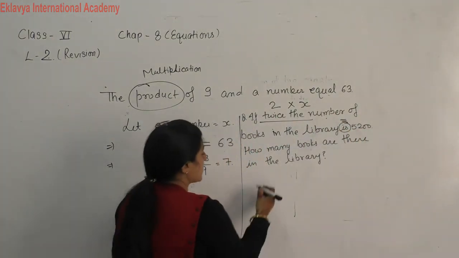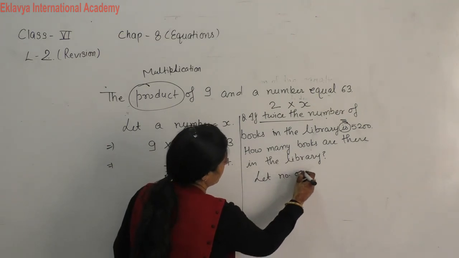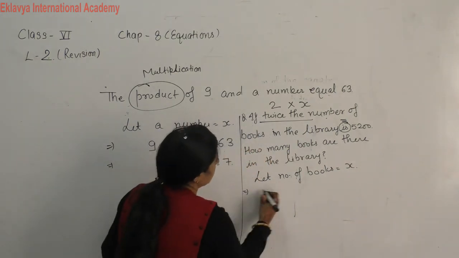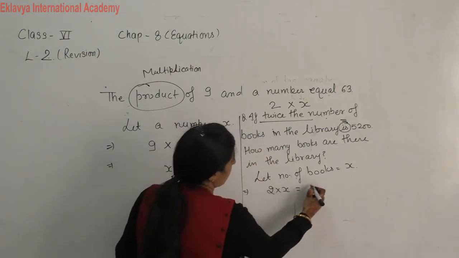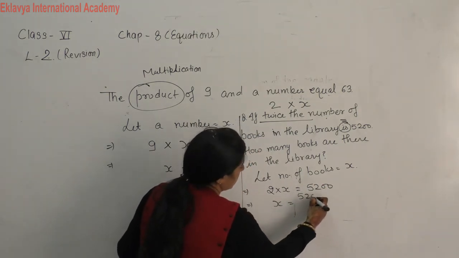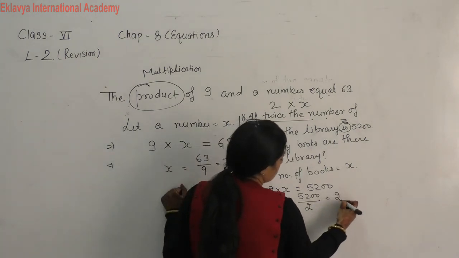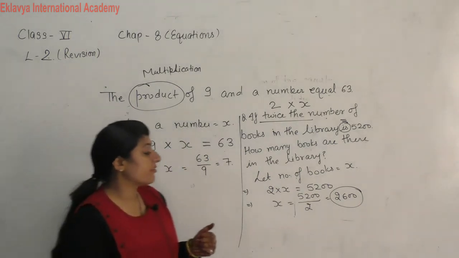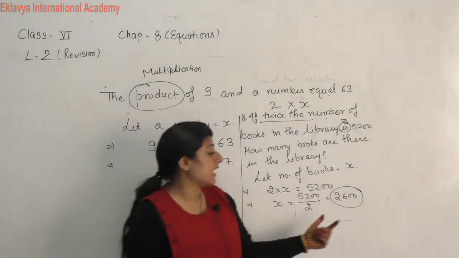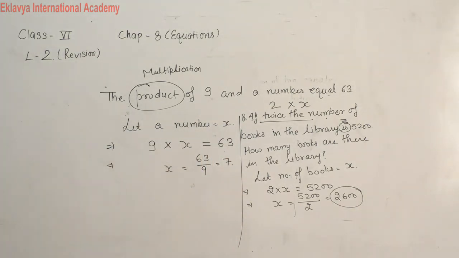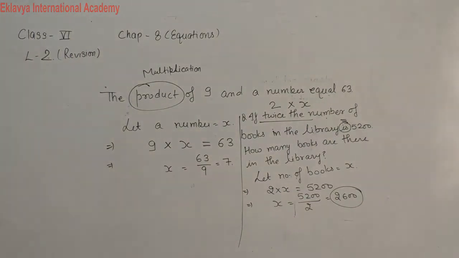So, according to the question, twice, 2 multiplied by x, is equal to 5200. x is equal to 5200 divided by 2, which is 2600. So what is the value of x here? It means the number of books in the library is equal to 2600. Now you can complete your 8C exercise revision also.